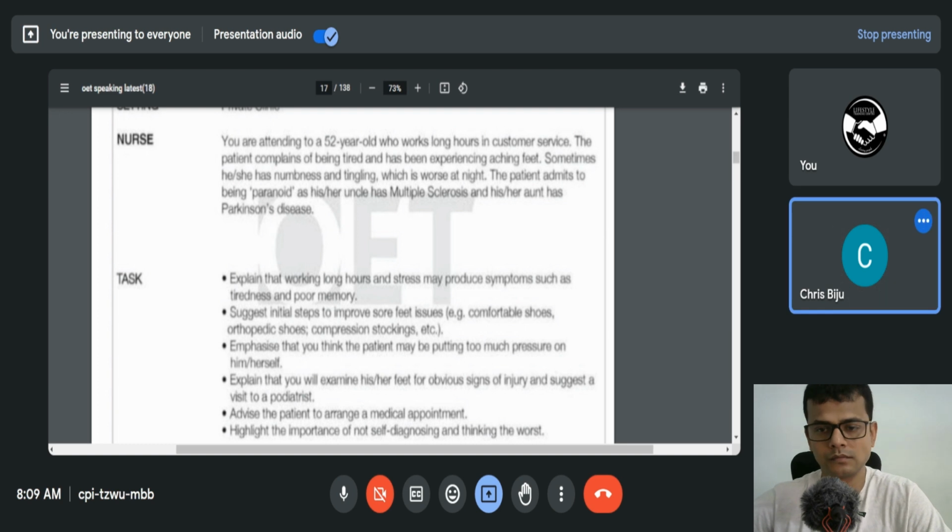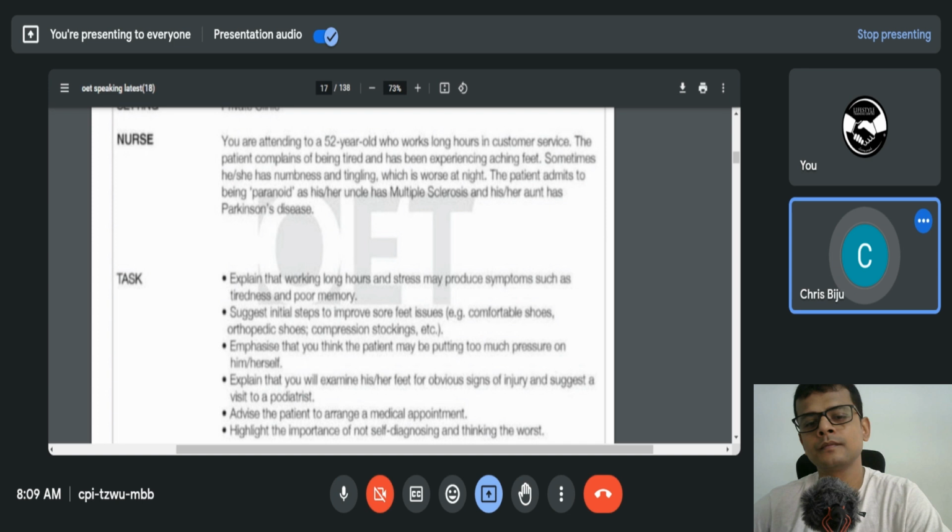Based on my examination, if required, I will suggest a consultation with a podiatrist. Is that clear? Okay, that's good. And moreover, for managing your memory problem, I can book an appointment with your general practitioner if you are willing.